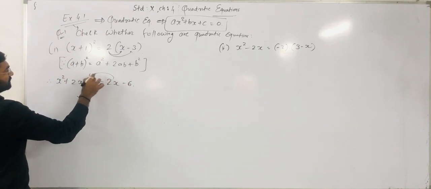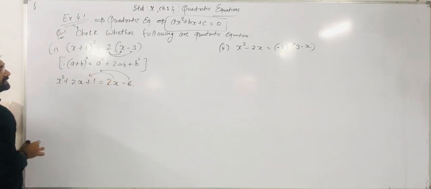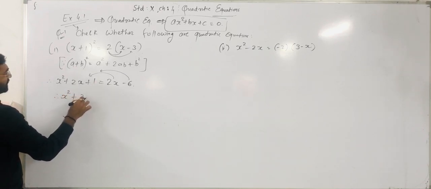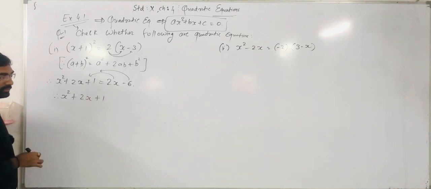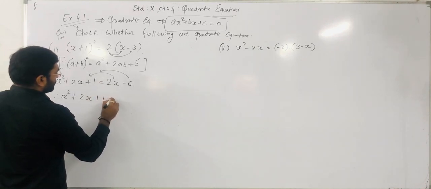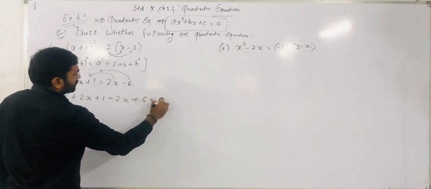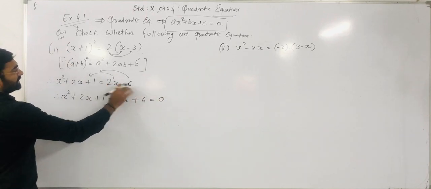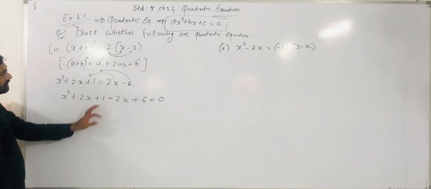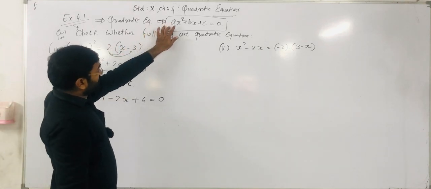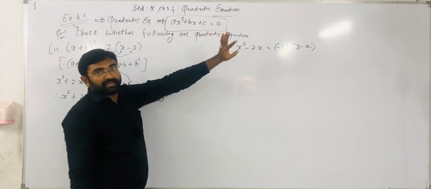Now that 2x we take to the left hand side, and that minus 6 we take to the left hand side. So here it is x² + 2x + 1, plus 2x becomes minus 2x, minus 6 becomes plus 6, equal to 0. Why do we take the whole term to the left hand side? Because in the general standard form of a quadratic equation, on the right hand side we require 0.